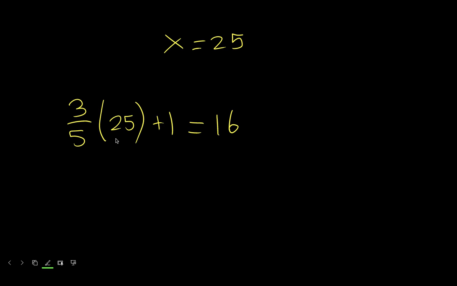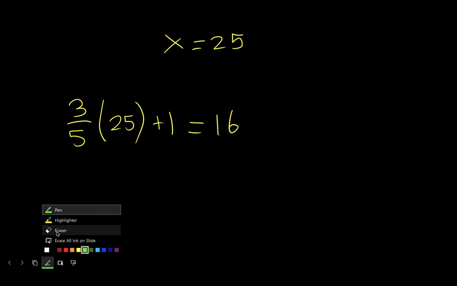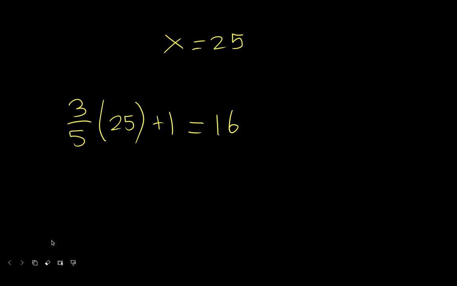So 25 divided by 5 is 5. And then we multiply that with 3. And we get 15. We add that to 1 and we get 16.